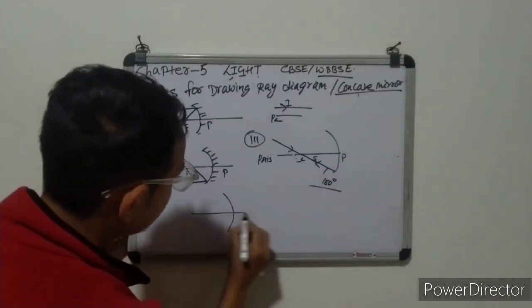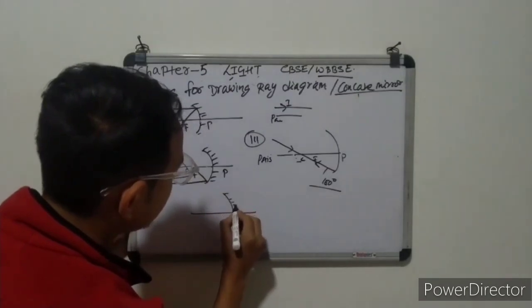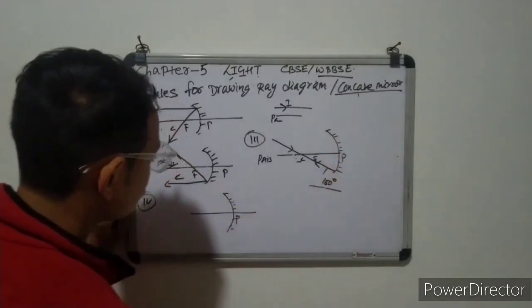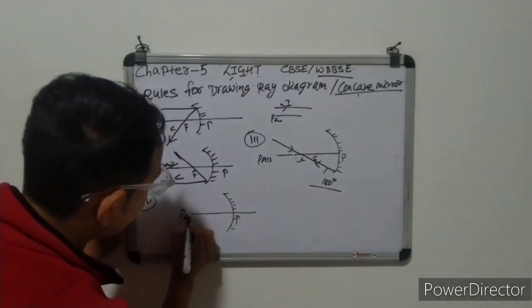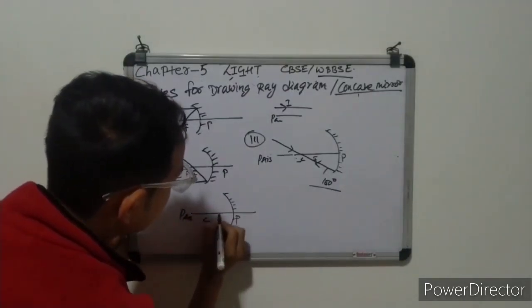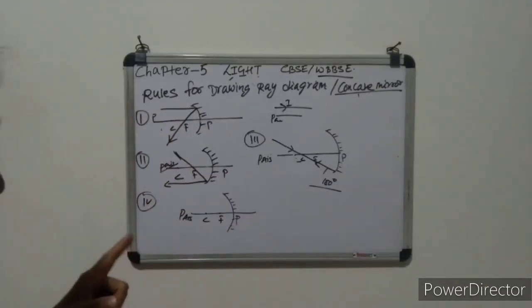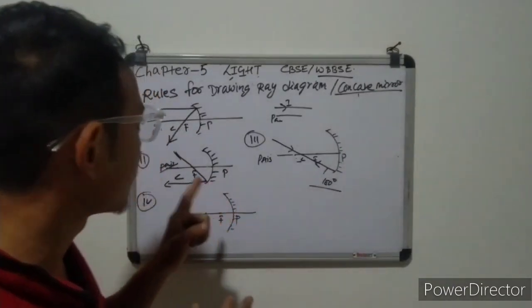This one is a concave mirror. Let us draw it like this. The principal axis, the center of curvature and the focus.